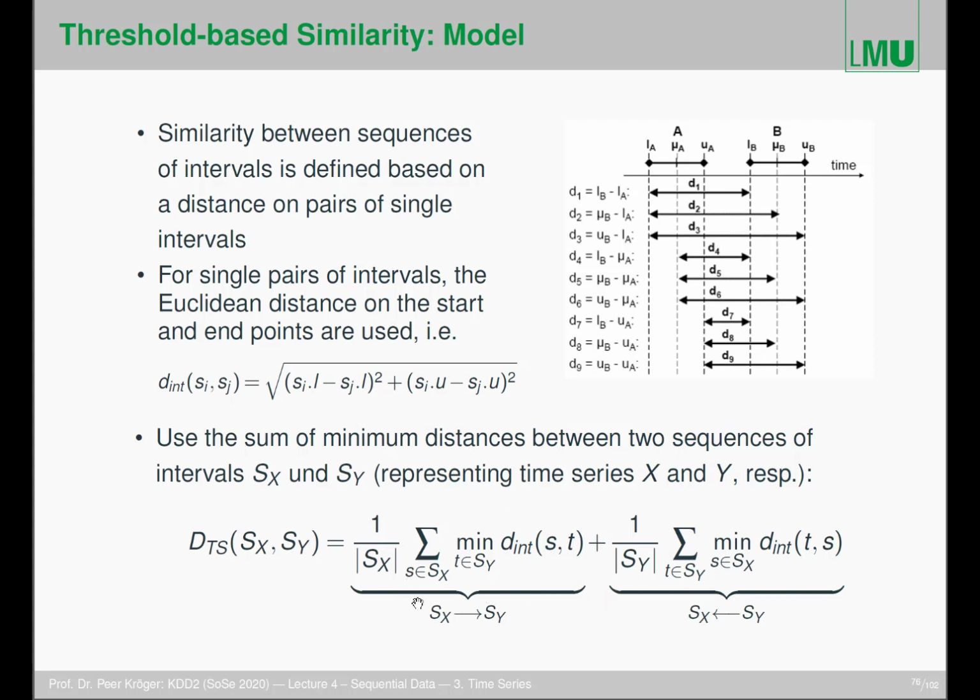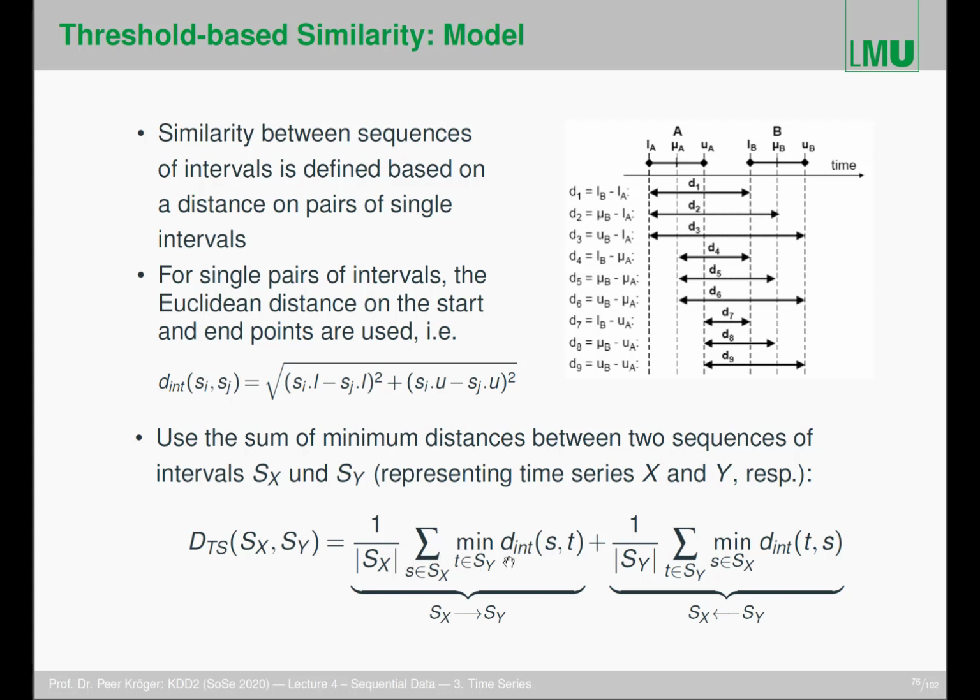So basically, we have to match. We have 2 interval sequences, Sx and Sy, which represent time series x and time series y, respectively. For the sum of minimum distances, we need to match each interval from Sx to Sy, which is this one here.